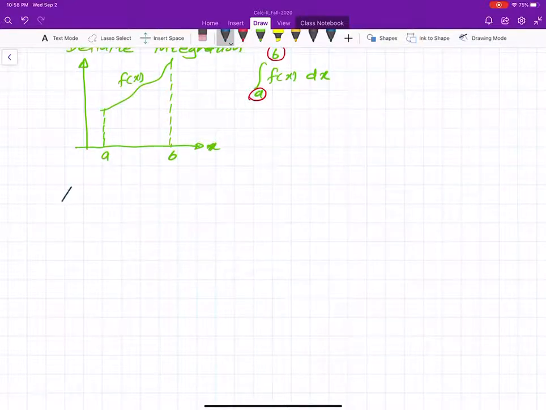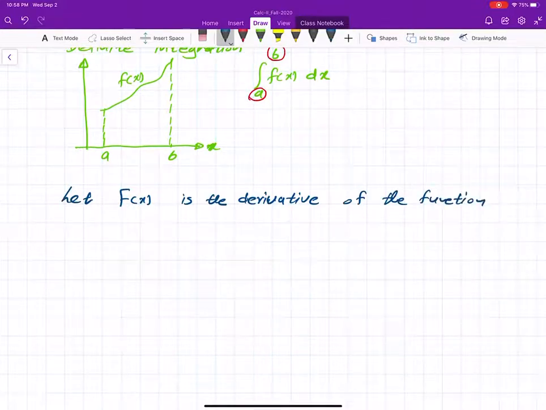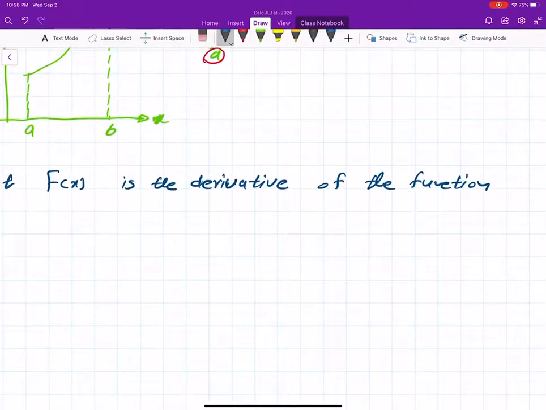Let uppercase F of x be the derivative of the function f of x, sorry.